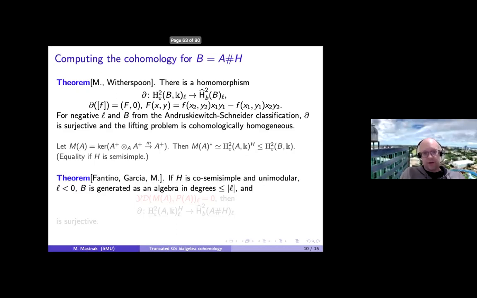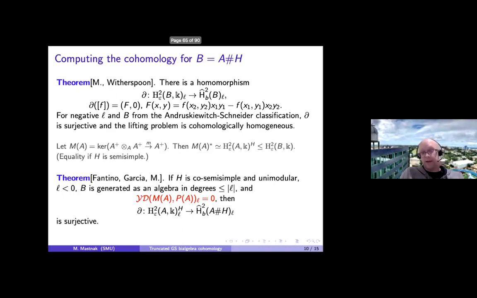And then we have proven, in joint work also with Fernando Fantino, that if H is cosemisimple and unimodular and L is negative, and B doesn't even have to be generated as an algebra in degree 1, but only in small degrees, then, and this is sort of a mysterious condition, but it seems to be satisfied in every explicitly described case I have looked at so far, there are no Yetter-Drinfeld maps from this M of A to the primitives of A, as a Hopf algebra in the category of Yetter-Drinfeld modules.